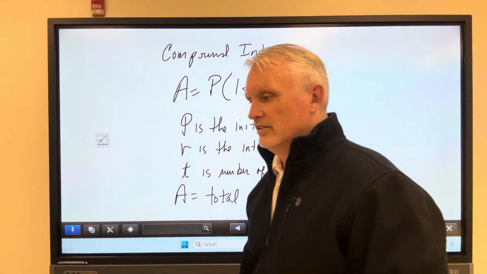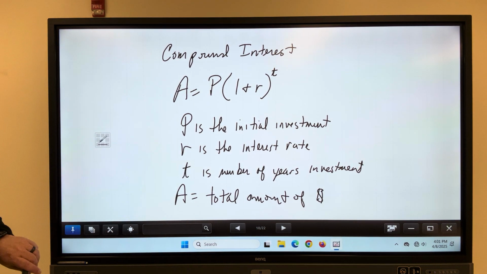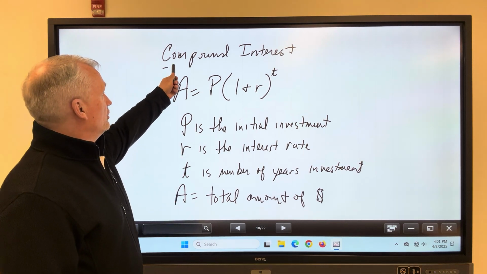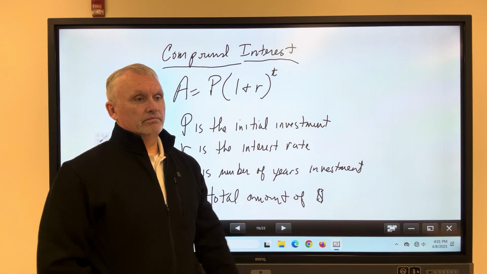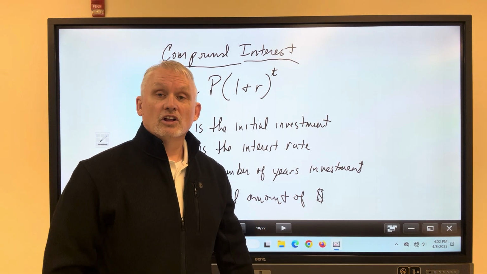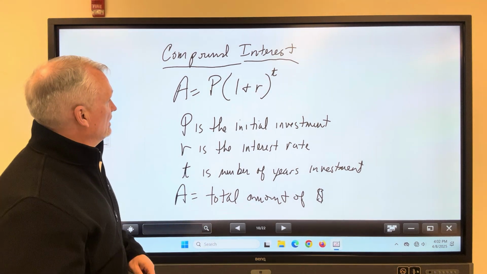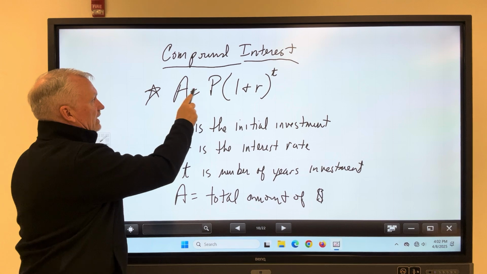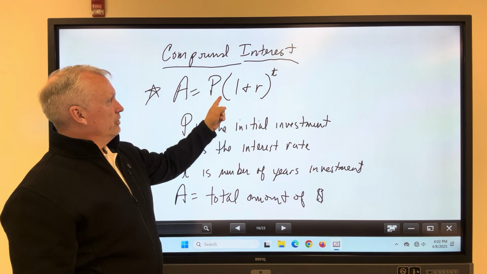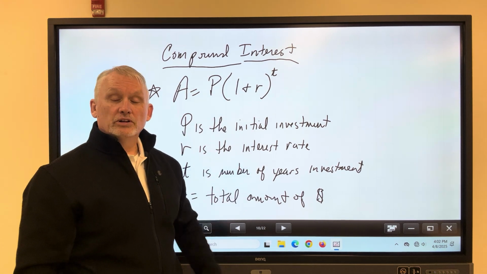Here are some formulas that I'm just going to talk through. I don't know why they put these formulas here, but I'm just going to talk through them. Compound interest. Hopefully everybody's had savings accounts, which don't give you much interest, or an IRA or CD or anything like that. Here's the formula. A is equal to P, which is the initial investment, times parentheses 1 plus r. That 1 is constant. r is the rate, but you always have to change it.